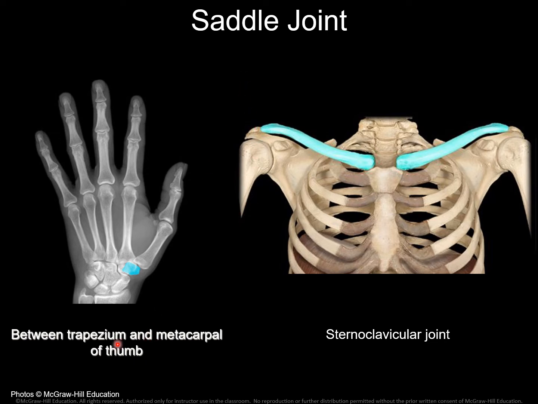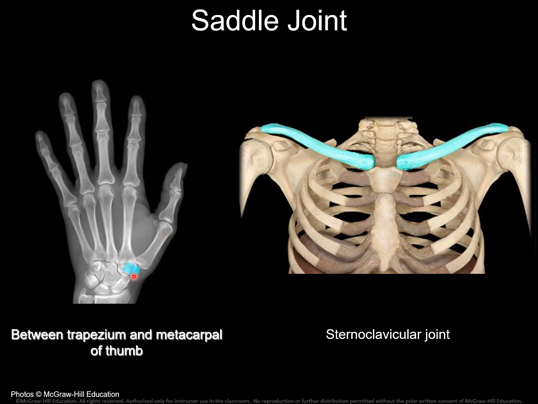Here's a picture of a saddle joint. Remember the trapezium, I think I said trapezius before, sorry. Trapezius is a muscle. Trapezium is this carpal bone. So there exists this saddle joint between the trapezium, which is one of your carpal bones, and the metacarpal of the thumb.